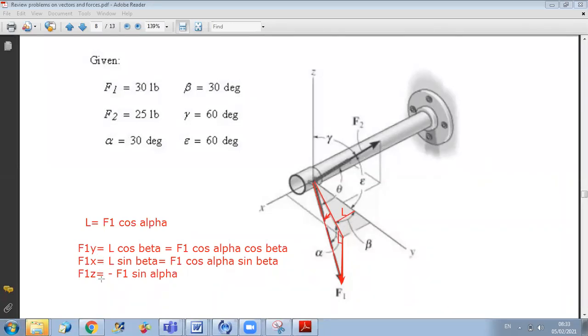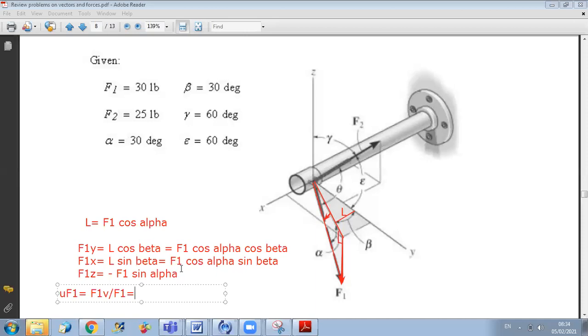So from here, who will tell me what will be the unit vector of F1? If I want to find the unit vector of F1, what should I do? The unit vector of F1 is the F1 vector over the F1 magnitude. As you can see, it will simplify, because F1x is F1 times cosine alpha sine beta.